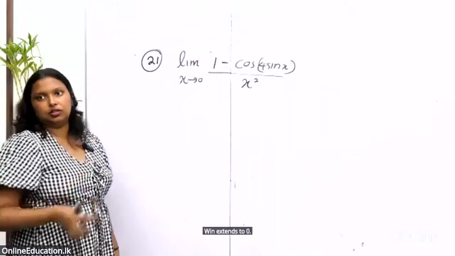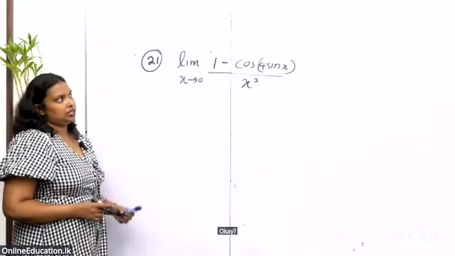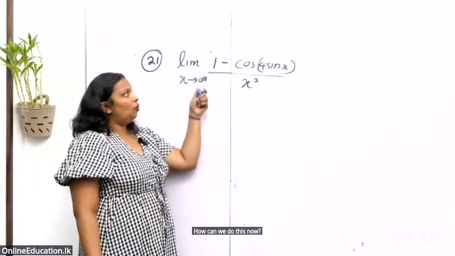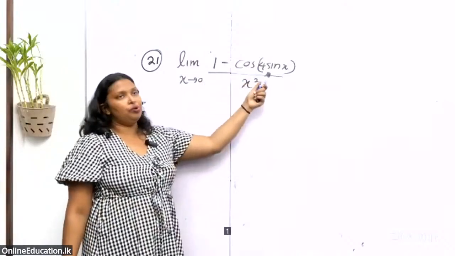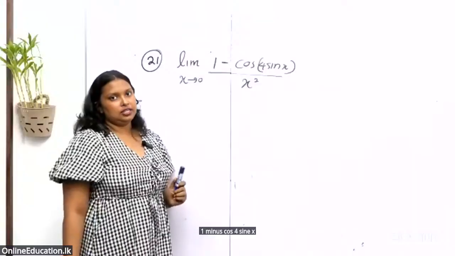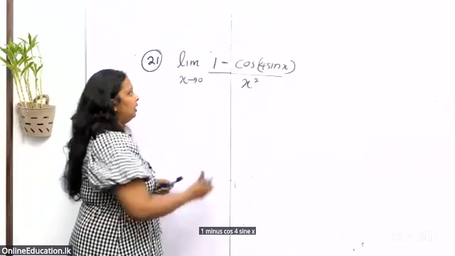This is the question. How can we do this now? 1 minus cos 4 sin x. But then we can write it down like this.